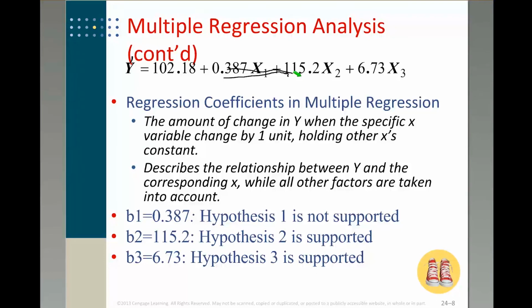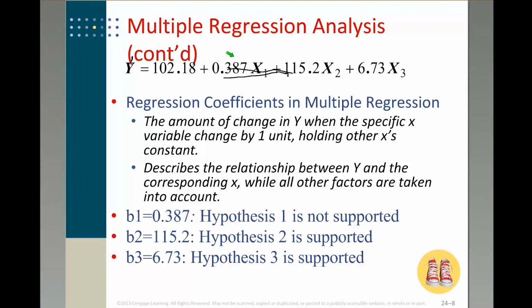If we can determine that, for example, this 0.387, okay, if we find that the beta that is estimated to be 0.387 to be different from 0, then we will say, I'm sorry, take it back.